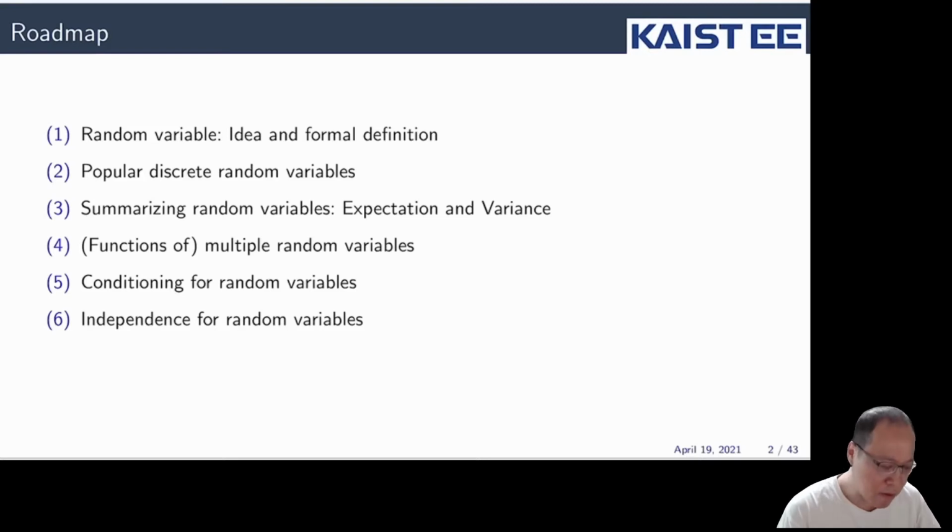And then, as a summary of the random variables, we're going to talk about the expectation and the variance. The fourth topic is about multiple random variables. And then we're going to talk about conditioning and independence for random variables, which is a kind of extension of conditioning and independence for events.